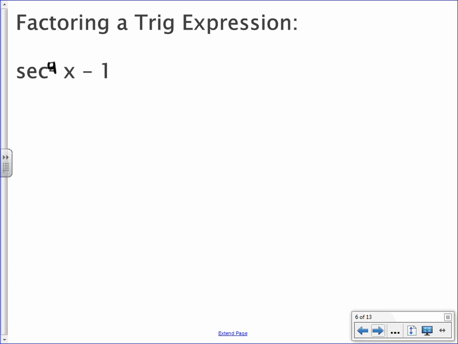Secant squared x plus 1, secant squared x minus 1. Okay, very good. This is a difference of squares, isn't it? Okay, so what we can do is we can say, okay, we have secant squared plus 1 and secant squared minus 1.